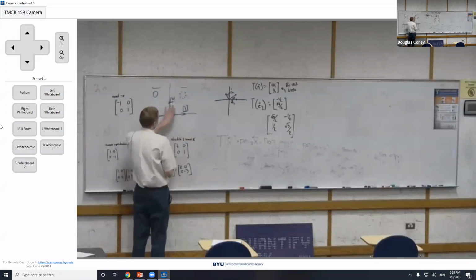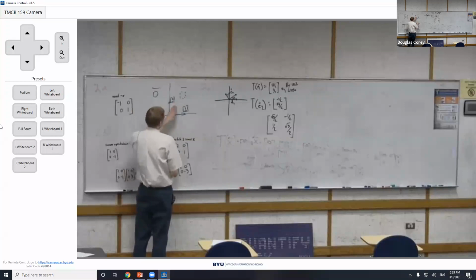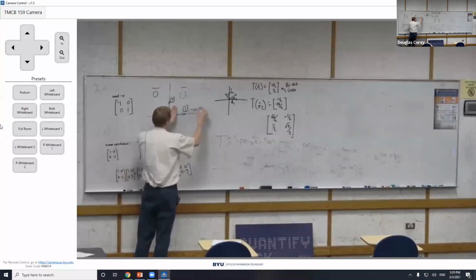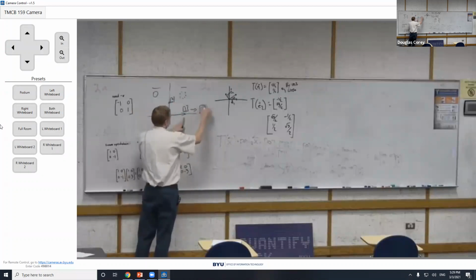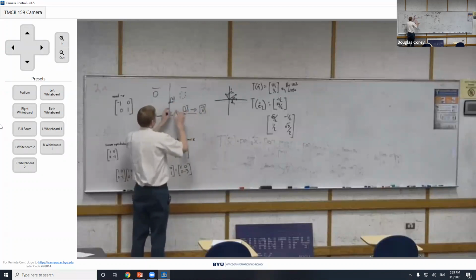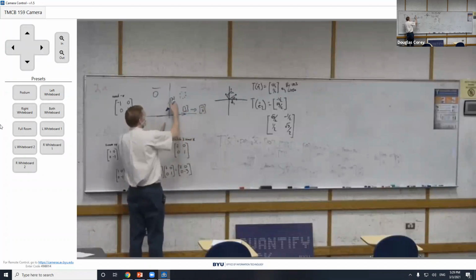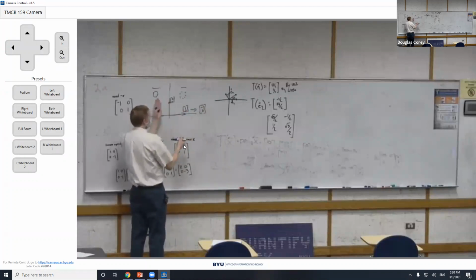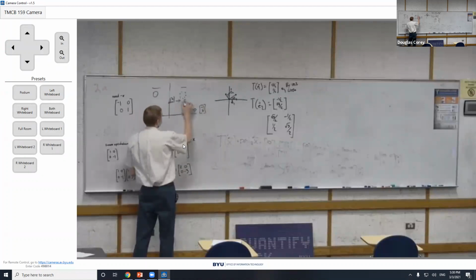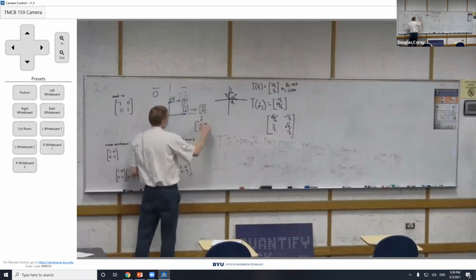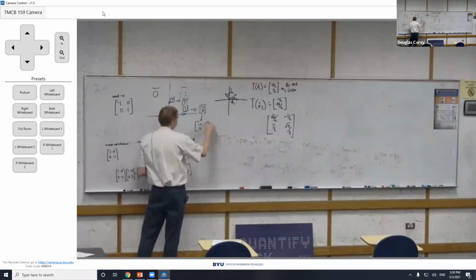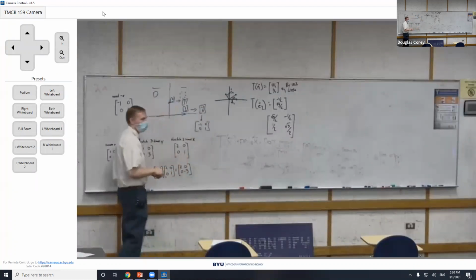If I reflect along this axis, where does 1, 0 go? The 1 becomes a -1, so -1, 0. And if I reflect along this line, where does 0, 1 go? It stays the same, 0, 1. So my new transformation matrix is just -1, 0, that's where my first basis vector went, and 0, 1, that's where my second basis vector went.